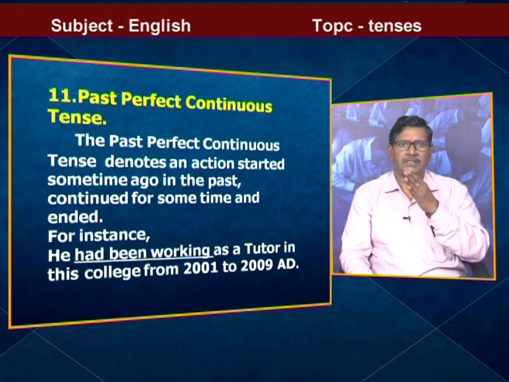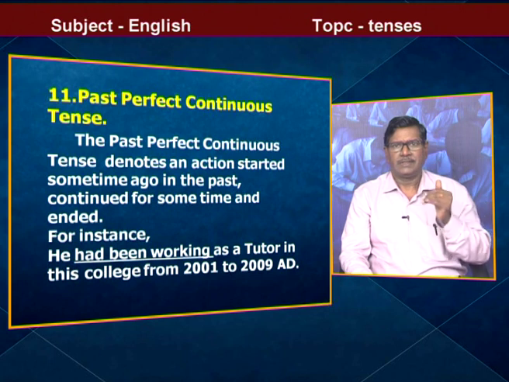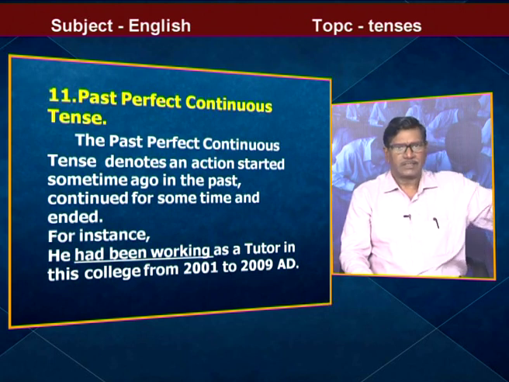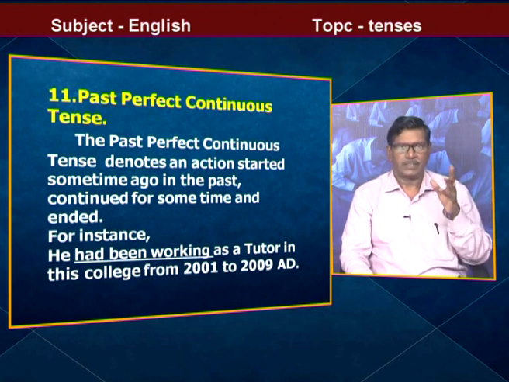Past perfect continuous tense denotes an action started some time ago in the past and continued for some more time and ended. It's over. For instance, he had been working as a tutor in this college.